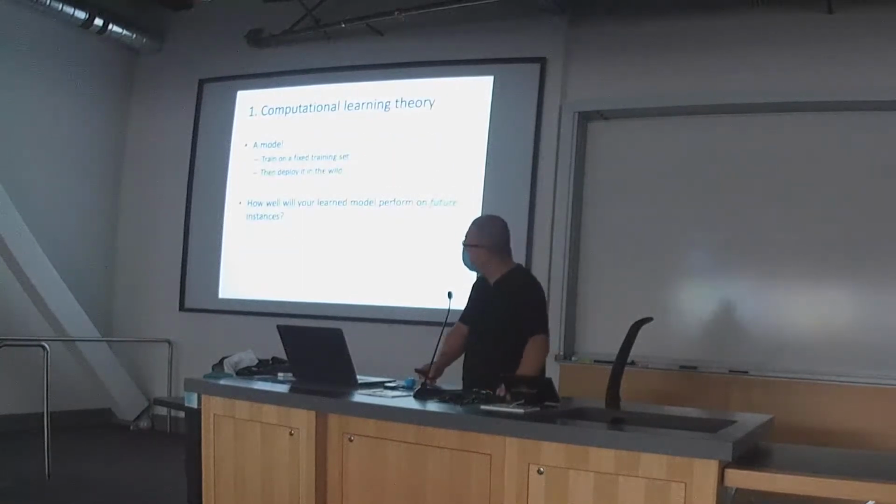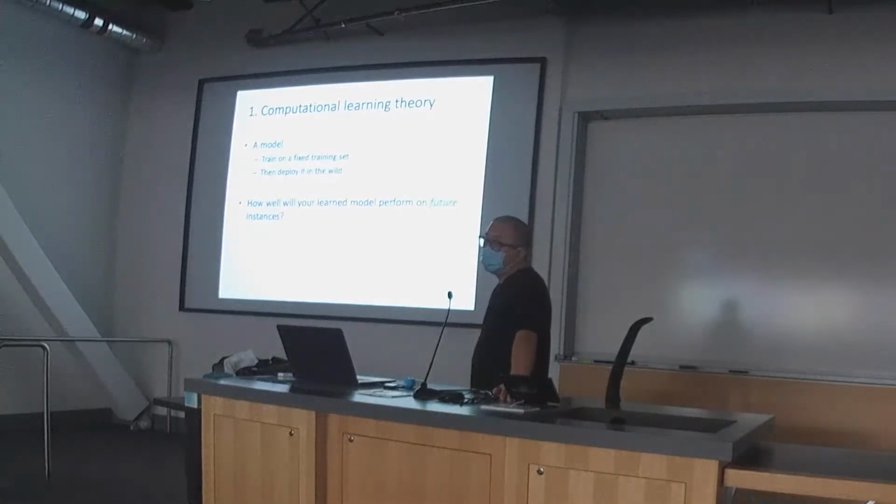So what is the focus of computational learning theory? In computational learning theory, we always assume we have a machine learning model and a fixed training set based on which we can train our model.